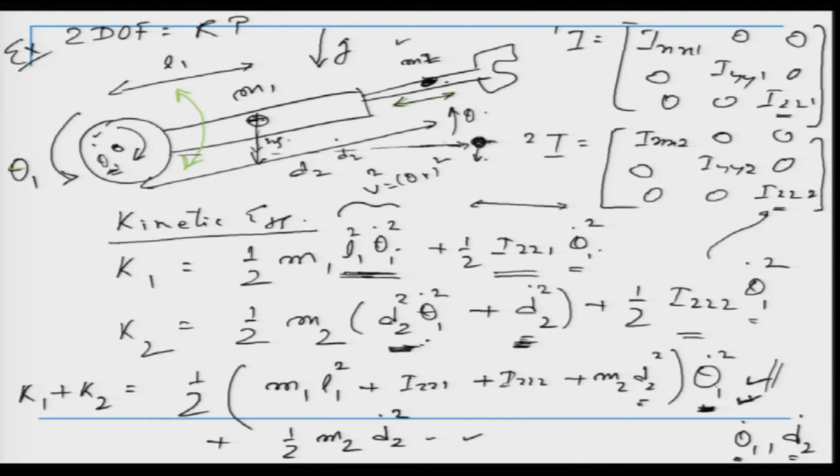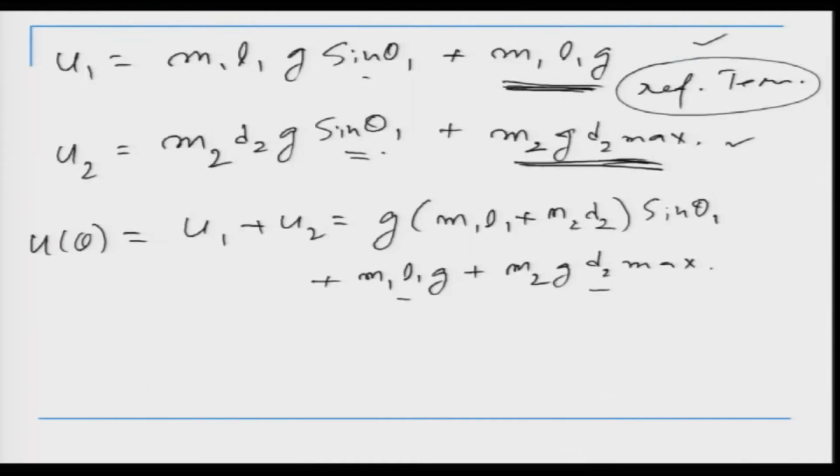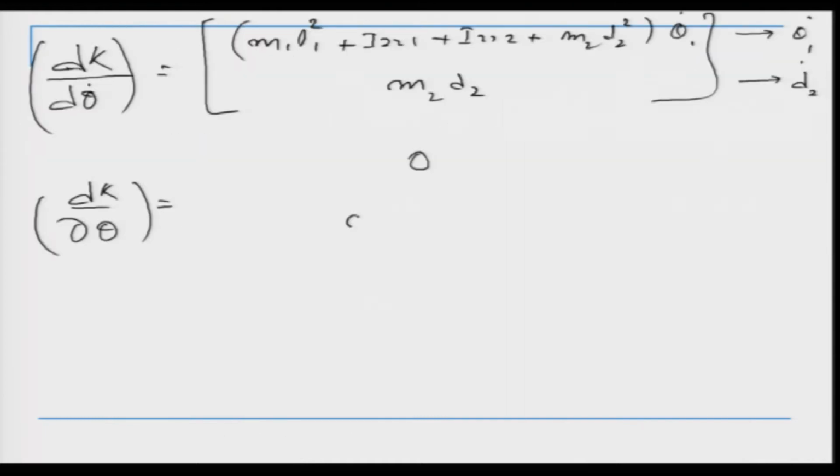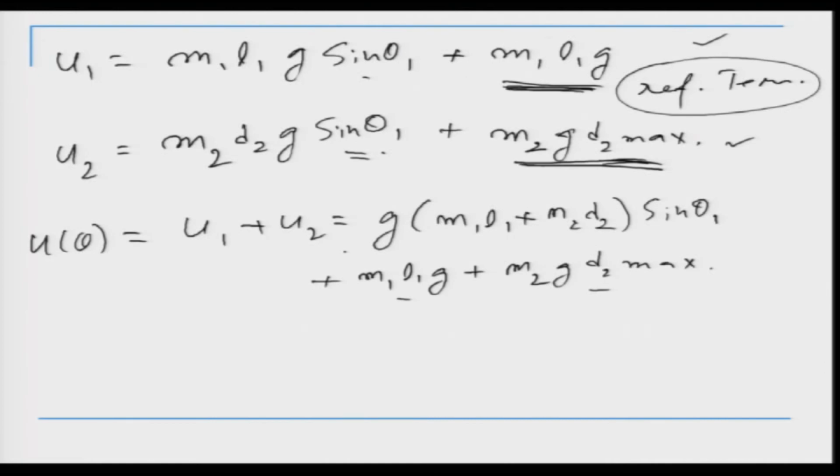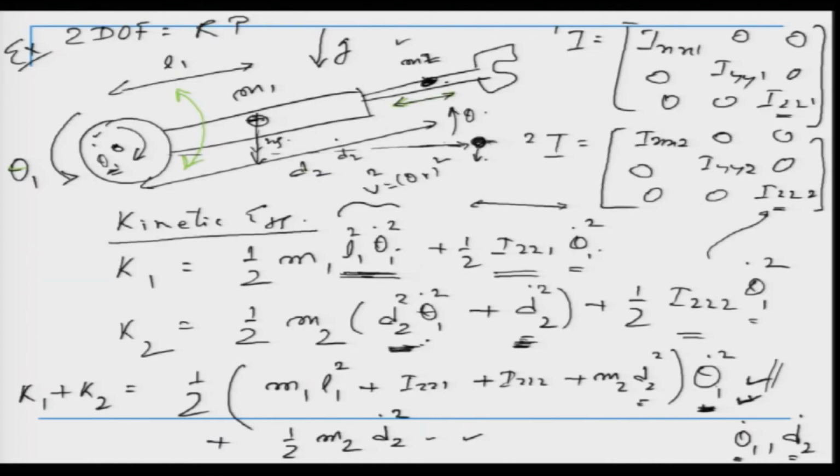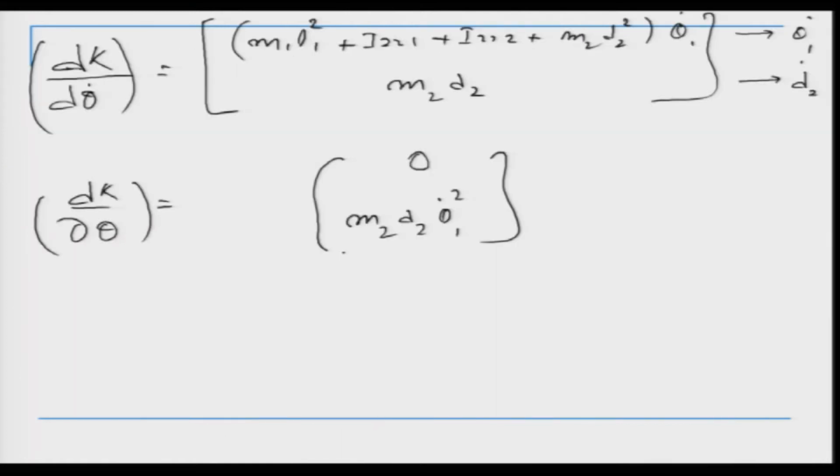So, we are differentiating with respect to d2 here, and what we are getting as the second term here is m2 d2 theta 1 dot squared. So, we are getting this term as our second term. Okay. So, we have got the two terms of dK by d theta, dK by d theta dot.